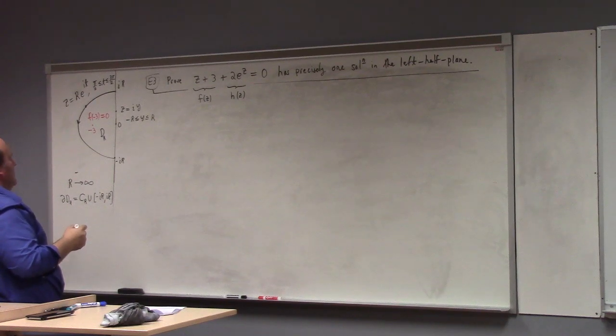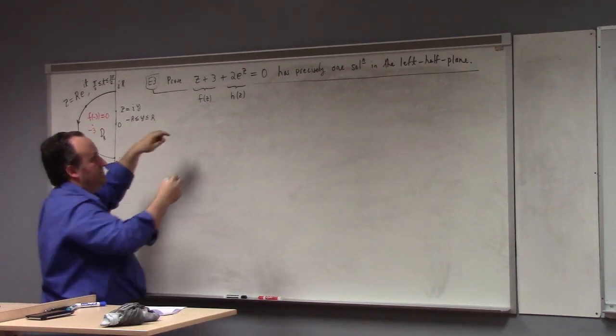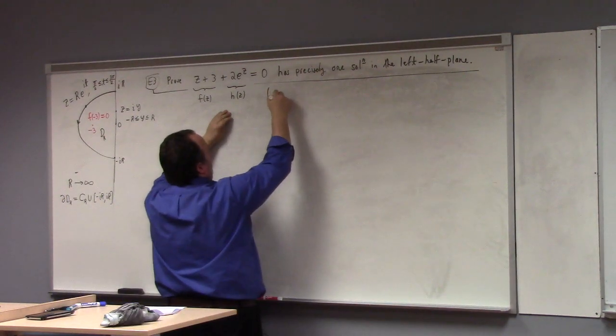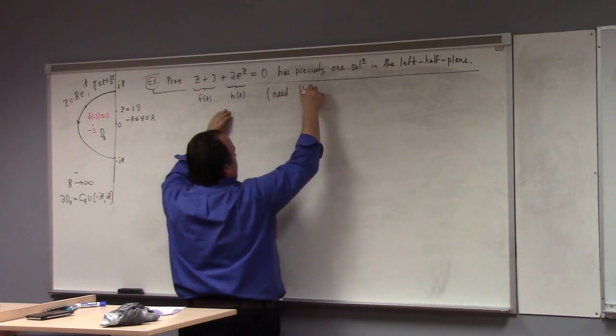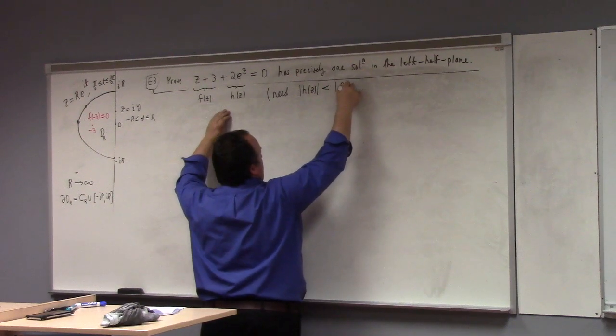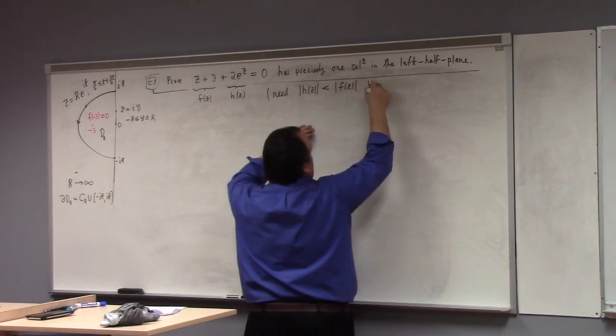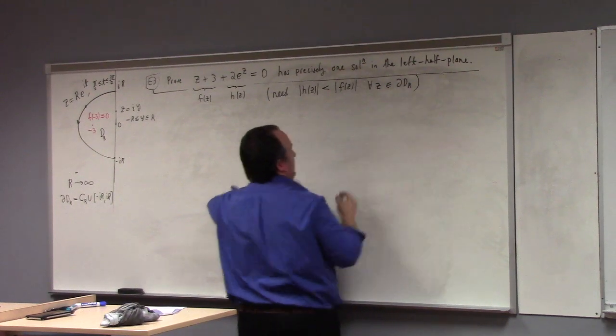So I think probably we want to divide and conquer in terms of the verifying. We need to show that the modulus of h of z is less than the modulus of f of z for all z in the boundary. That's what we're trying to show.